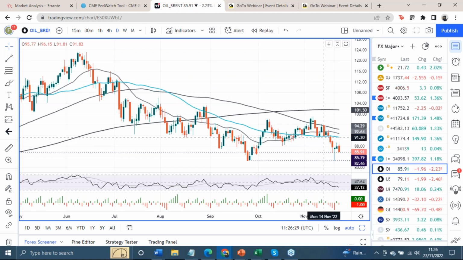So oil really looked as though it was rolling over, with mounting fears about weakening fuel demand in China and also recession fears with that yield curve inversion, all outweighing concerns about Russian supply potentially falling next month when tighter EU sanctions on its crude exports come into force on December the 5th. That's a live story, actually, because there are ongoing talks today around Russian energy price caps.